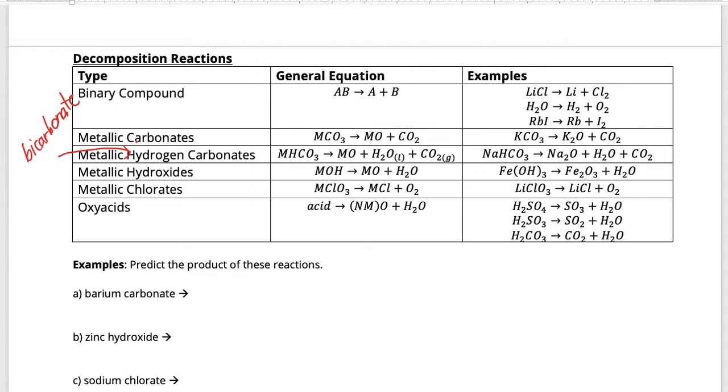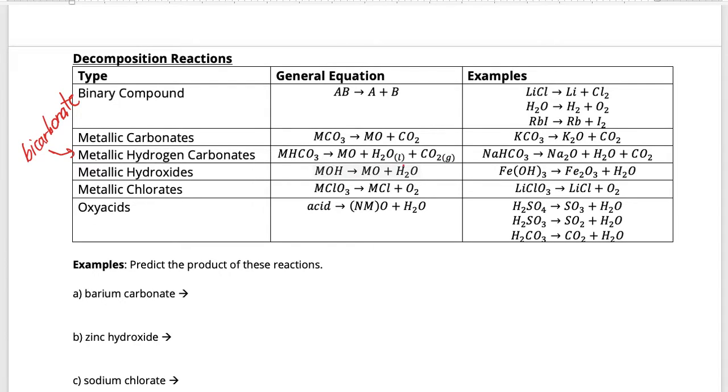All right, so if we have a metal with a hydrogen carbonate here, remember our formula is always HCO3, if it's the bicarbonate or hydrogen carbonate. So if we have the metal hydrogen carbonate, we are going to break it into the metal oxide, a water, and a carbon dioxide.